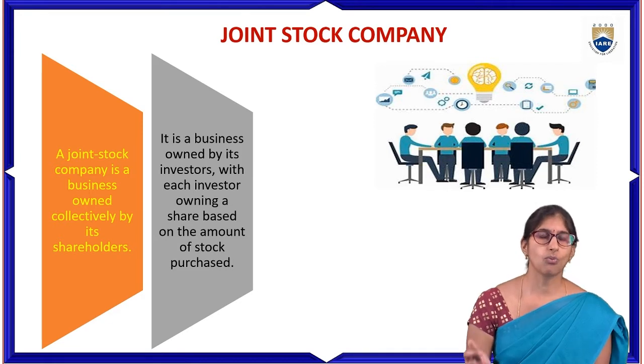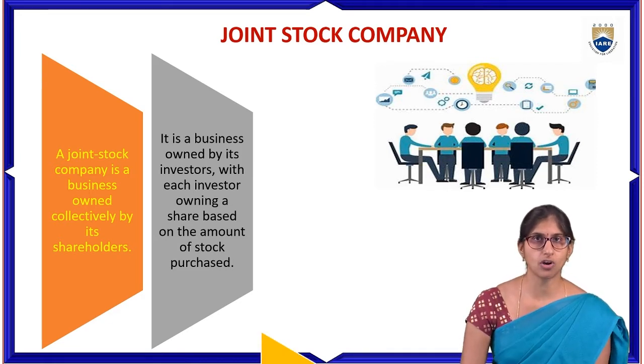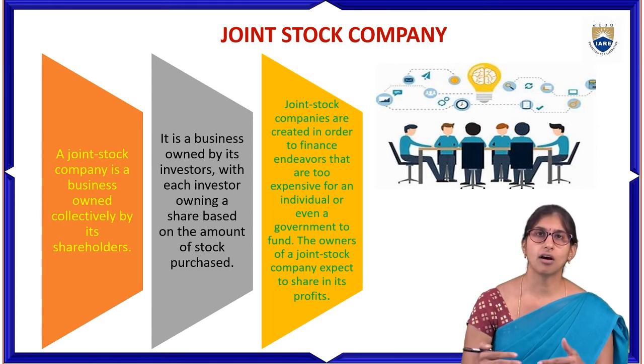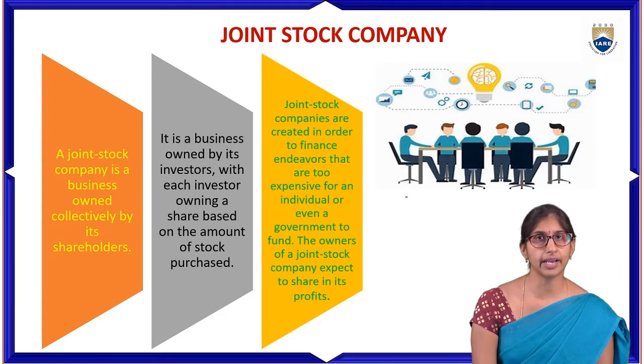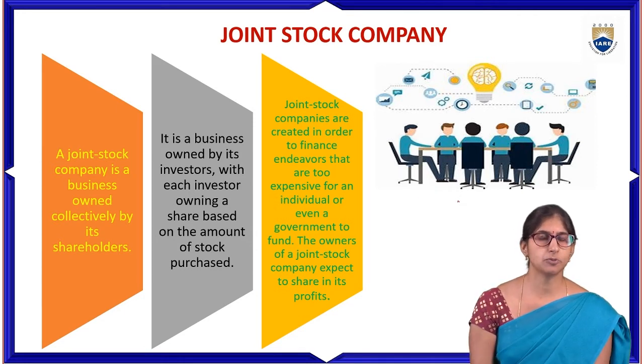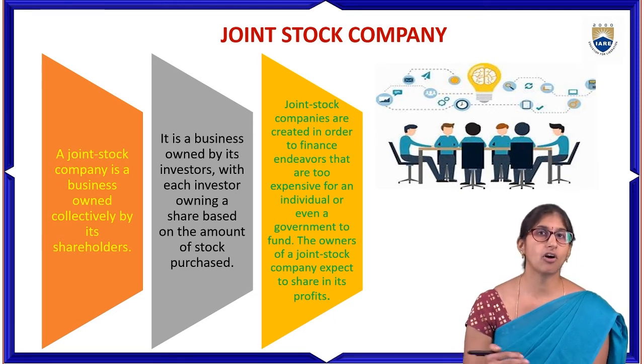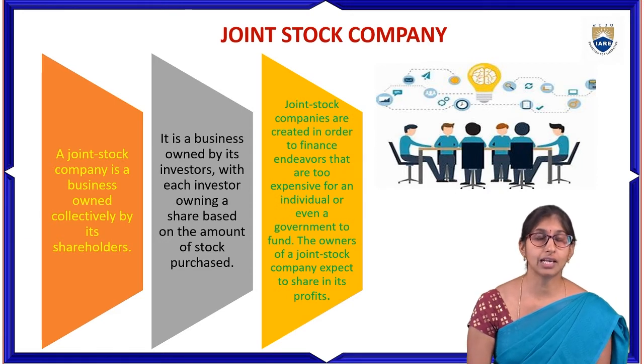Here a company is going to be started with many people. We see many people involved in a joint stock company, where each person is contributing to the company's capital. Many people are contributing their capital in the form of a small unit called a share.